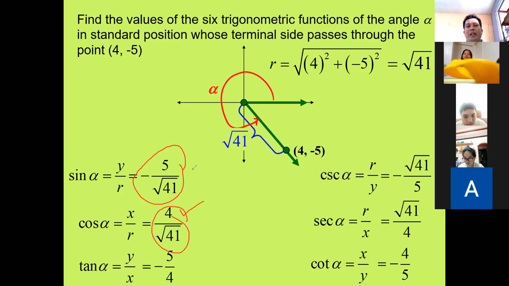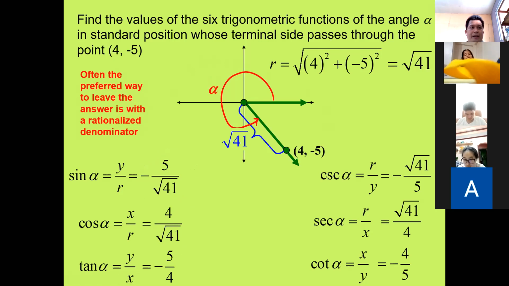But be careful, because sometimes in my summative test, I might give multiple choice where the answers are rationalized. So right now, I'm telling you how to rationalize a denominator. Any other concern? Silence means you understand? This is the rationalizing of each of the denominators.